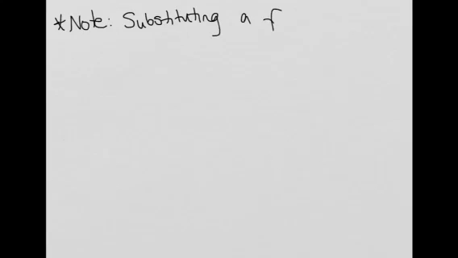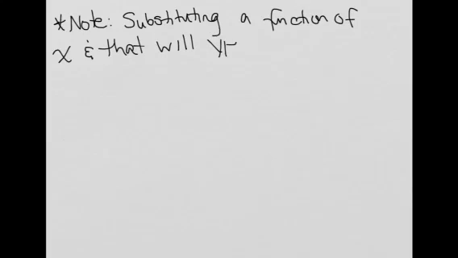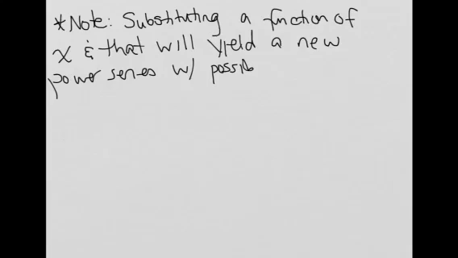One other thing to quickly notice is that you can also substitute a function of x, and that will yield a new power series with possibly a different radius of convergence.